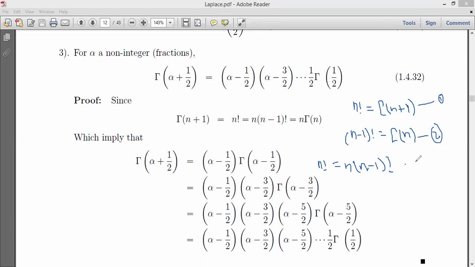If we substitute 2 in 1, it implies that n factorial alone is simply n into gamma n. That is this thing you see here. We are saying now that this thing is equivalent to this one here. So this is what we are playing with.